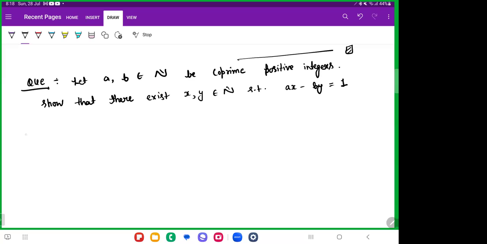Can anyone give me some idea or approach to do this problem? a and b are two co-prime natural numbers, meaning their GCD is 1. Then we have to show that there exist x and y in natural numbers so that ax minus by is 1.